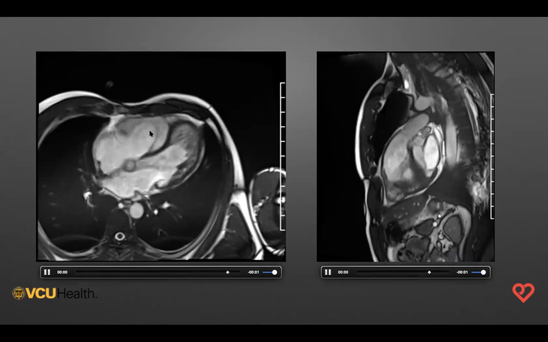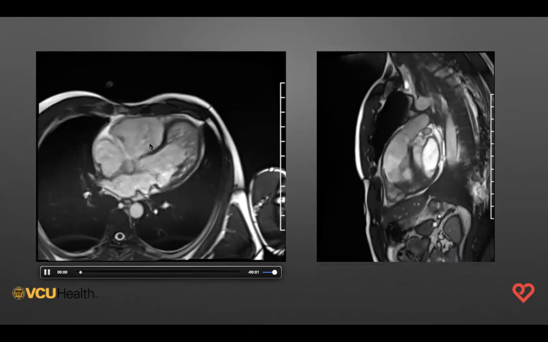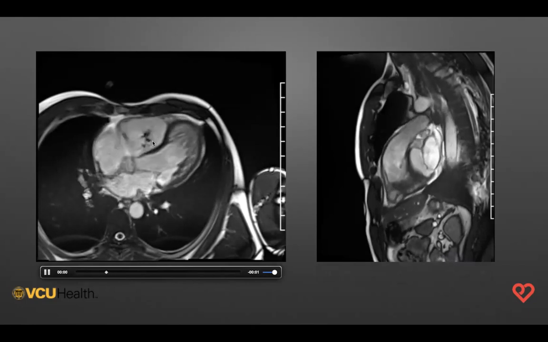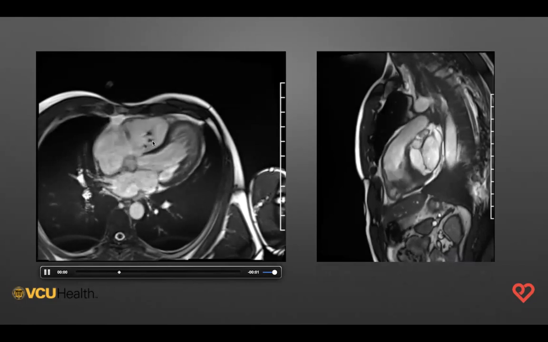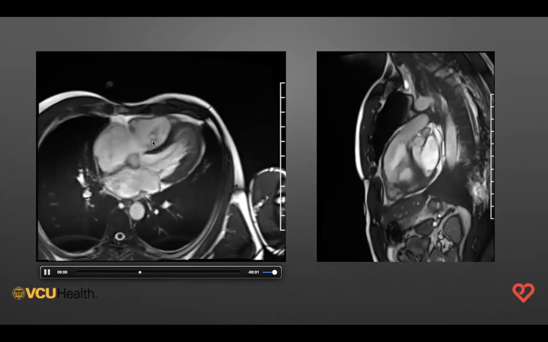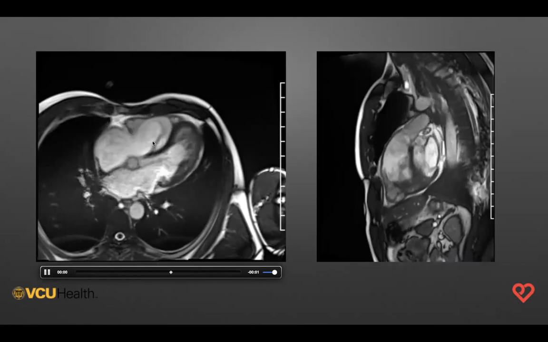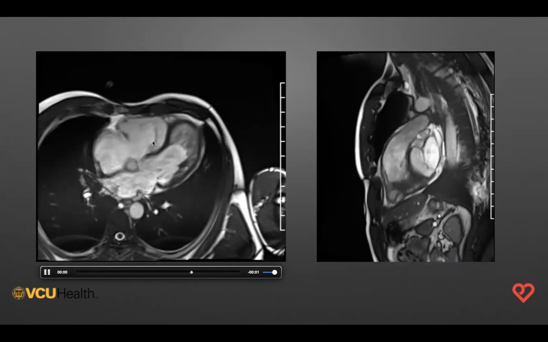You see that the anterior leaflet has good motion. The black flow here is dephasing, suggesting tricuspid regurgitation. On the severity, this comes into the severity of type B or class 2 because there is not significant atrialization of the RV in these images.